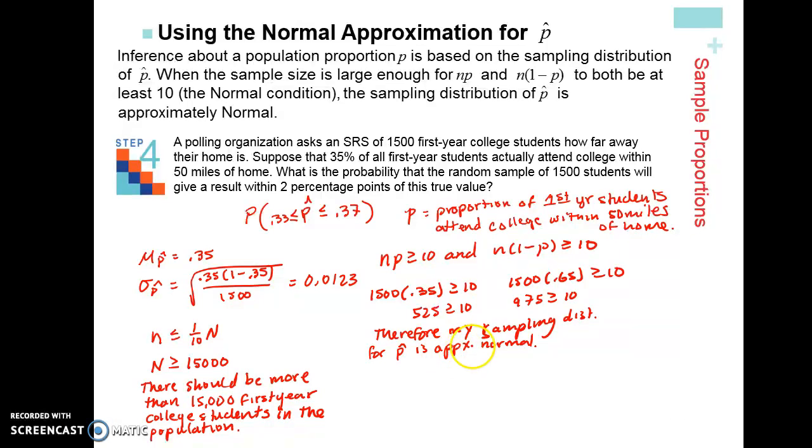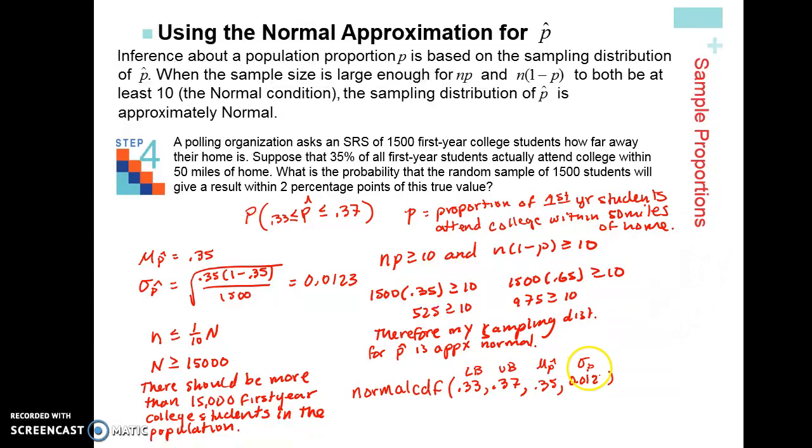And so, because this is true, then I can do normal calculations, which, you guessed it, is just normal CDF, right? And so normal CDF, 0.33 to 0.37, this is my lower bound and upper bound, with my mean, mu p hat, now I have a proper label of 0.35, and a standard deviation of 0.0123. Okay?